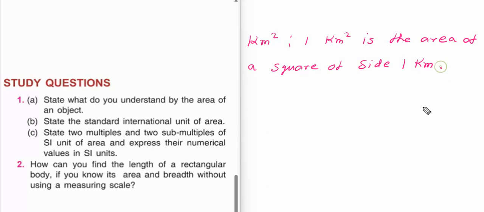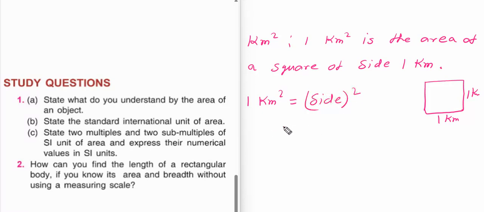So if you draw a square with sides 1 kilometer, 1 kilometer, then 1 kilometer square equals its area. How do we find its area? I can write here the exact formula: square of side, 1 kilometer square.